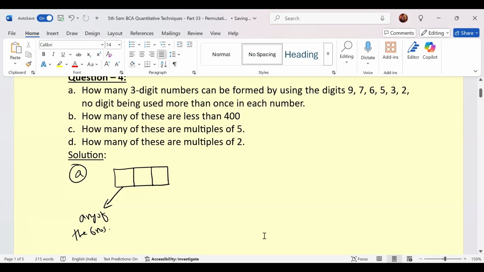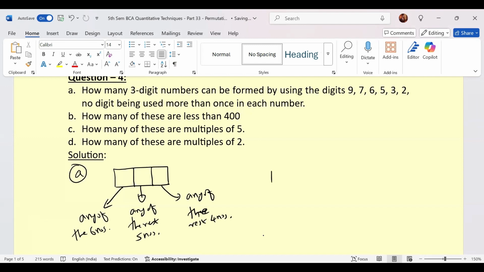Since there is no repeat allowed, the 10th digit can be occupied by any of the balance, any of the rest 5 numbers. And this unit digit can be occupied by any of the rest 4 numbers.